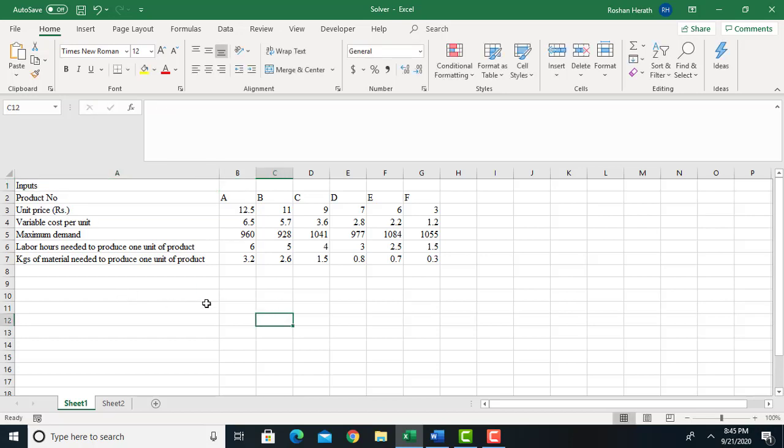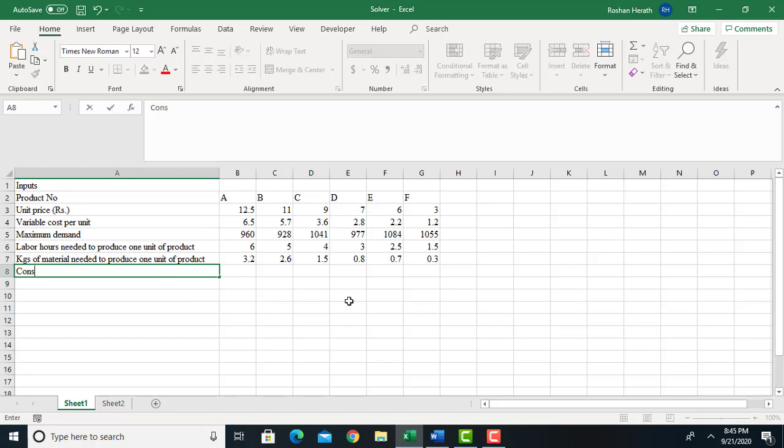And there are also certain inputs you might need to work out. When you are given the price and the variable cost, the most obvious information that you can work out is the contribution per unit. So I might add another piece of information, that is contribution per unit.